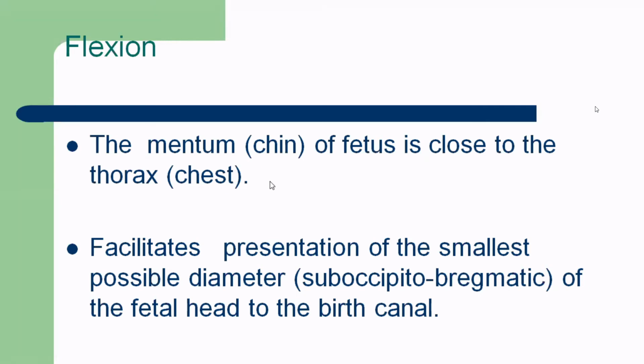That is flexion. Why should it be flexed for delivery? It facilitates the presentation of the smallest possible diameter, the suboccipitobregmatic diameter, 9.5 centimeters, of the fetal head to the birth canal. When there is no full flexion, this diameter will be increased and it cannot enter the pelvis.